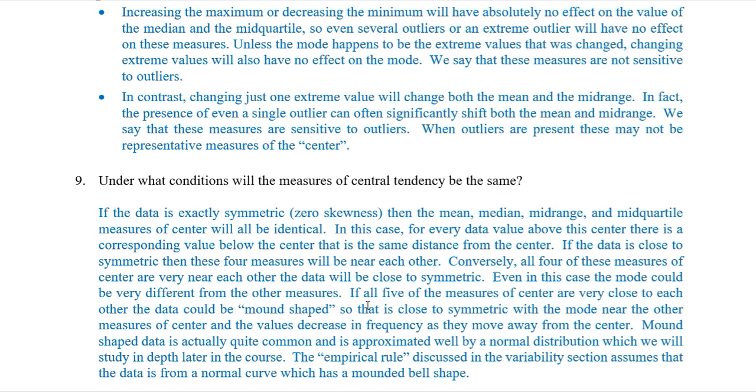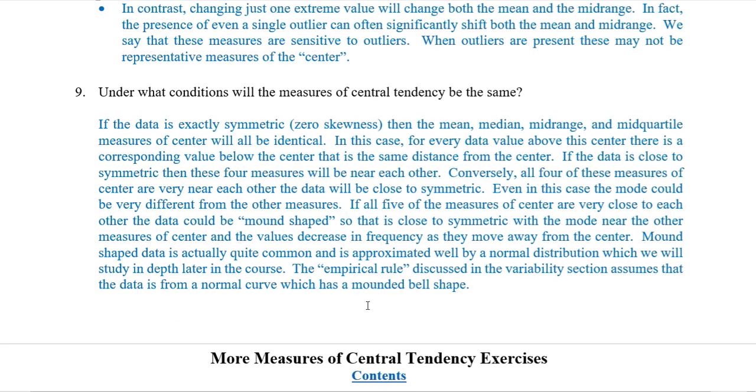If you talk about that empirical rule, you're assuming that the data is from a normal curve, which is mounded, bell-shaped, symmetric about the mean, and the mean, median, mid-range, mid-quartile, and the mode are all the same. Okay, I think that concludes this little set of exercises on basic concepts of measures of central tendency.